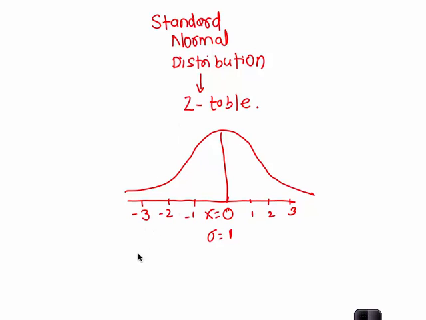And almost 99.99% of the data would be between plus or minus 3 standard deviations. Generally the first standard deviation from the mean, this region, is 34% of the probability. That means if you take plus or minus 1 standard deviation, it would be 68%.